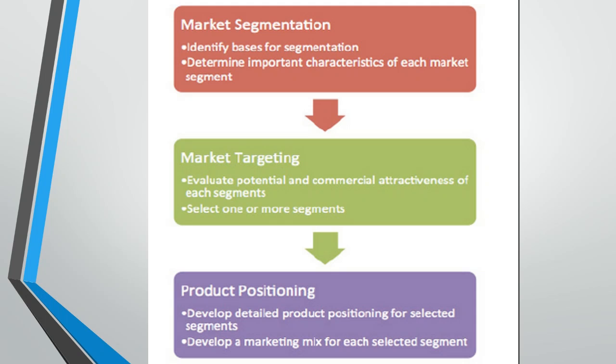For example, let's take Wang Laoji. And Wang Laoji subtly identified this segment of herbal tea in soft drink market and gave it an attractive definition. The second step, market targeting. In this step, you should evaluate every segment and choose one with the most attractive characteristics or potential profit. And third, product positioning.